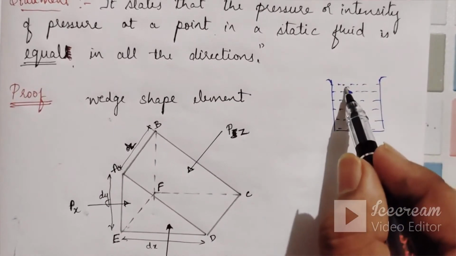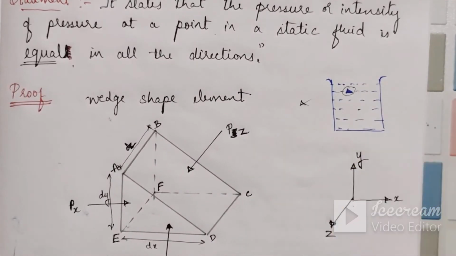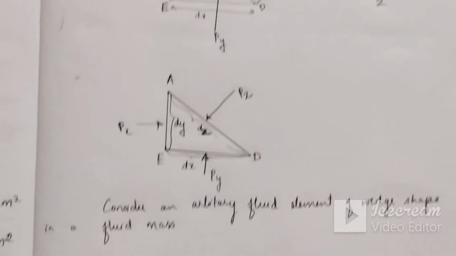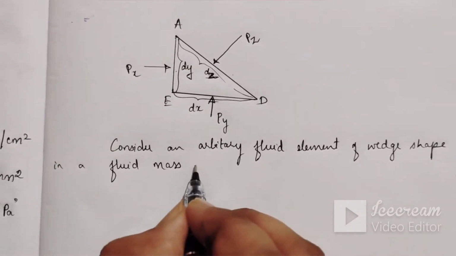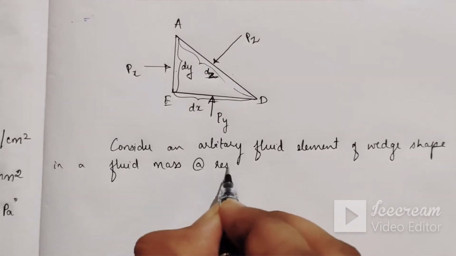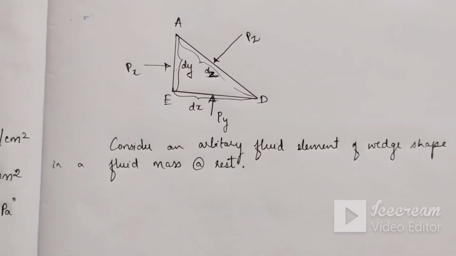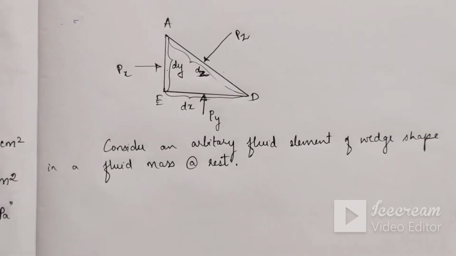So what I did, I am writing consider an arbitrary fluid element. So we consider this element of wedge shape in a fluid mass. We consider that as a fluid mass which is at rest, so that it should be in static equilibrium, right?